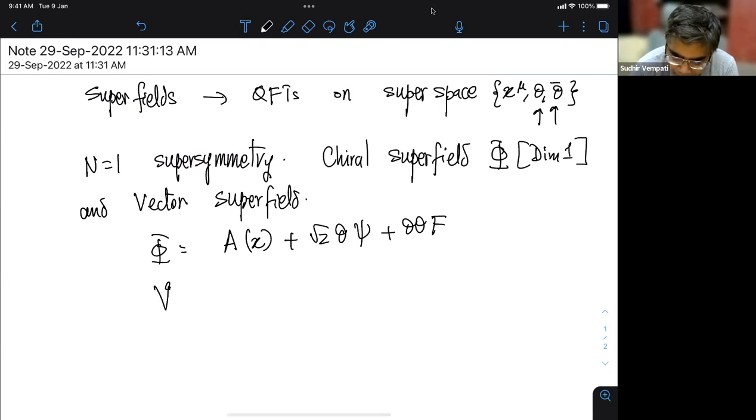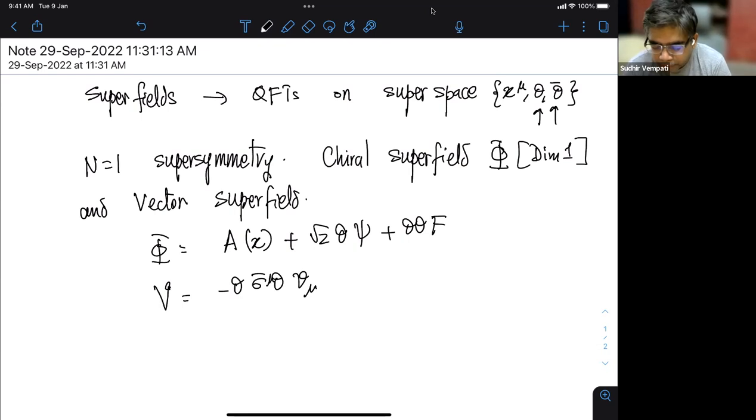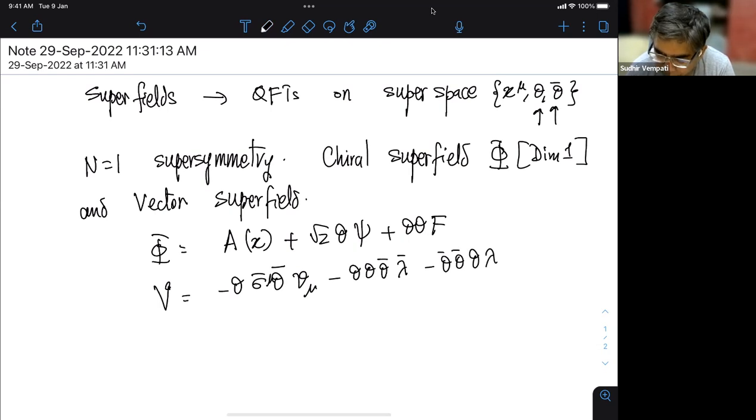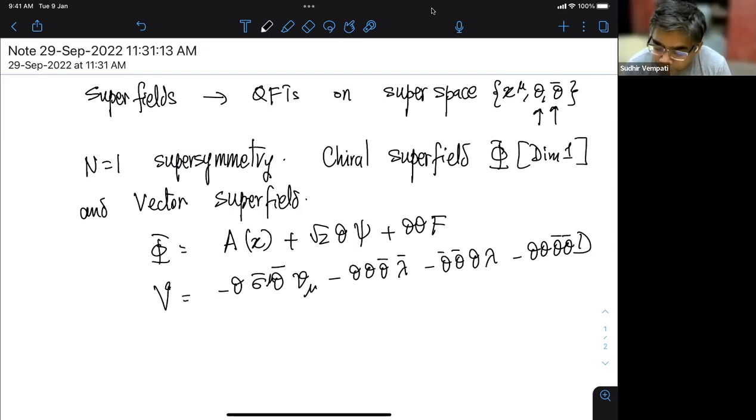The vector superfield contains a vector meson, a fermion lambda, lambda bar, and an auxiliary field called D, which is also dimension 2.